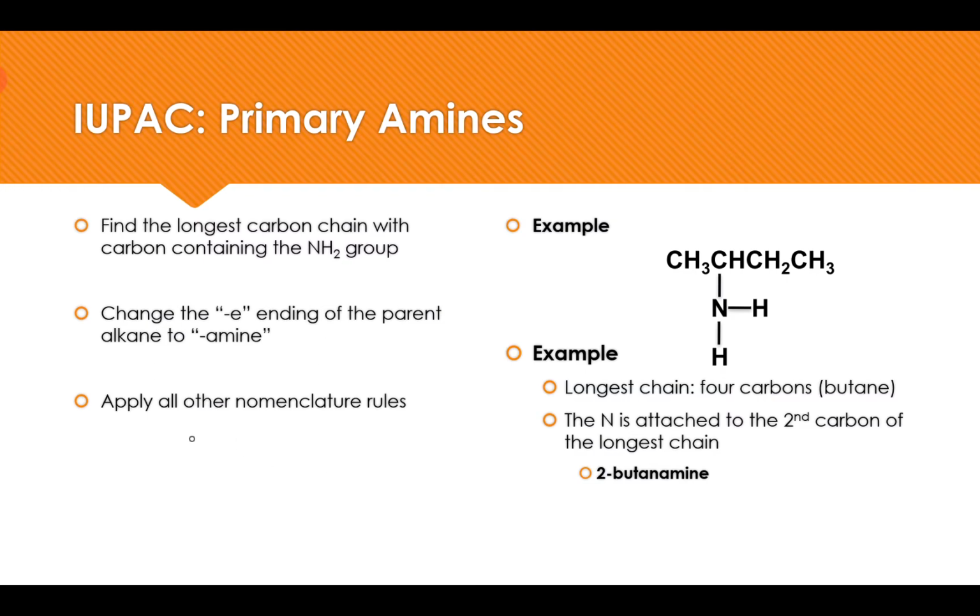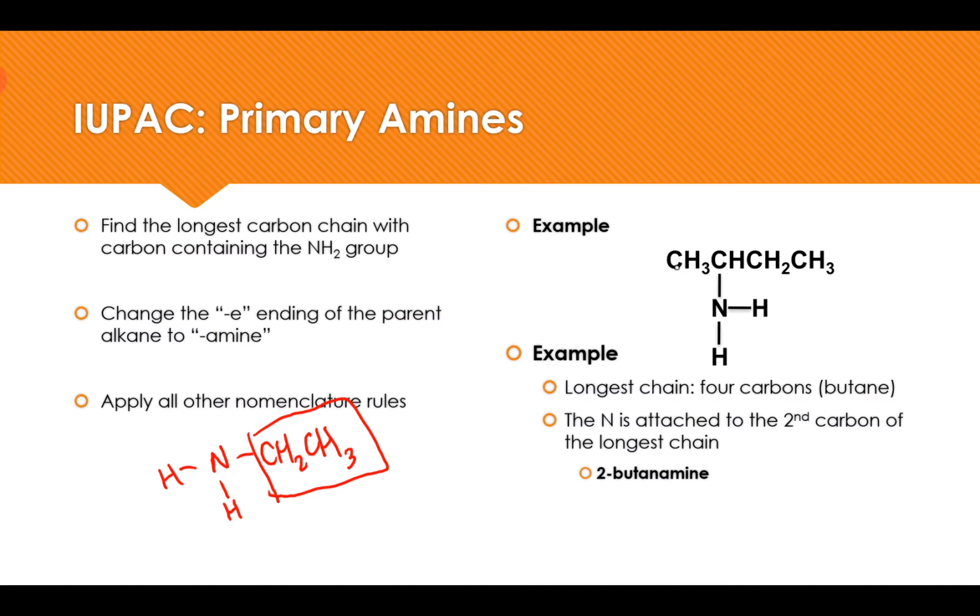Often when we draw our amines, we envision them with the N being center, like this. But when we are viewing our molecule, we have to imagine that we name the longest parent chain and then indicate where the nitrogen is coming off.